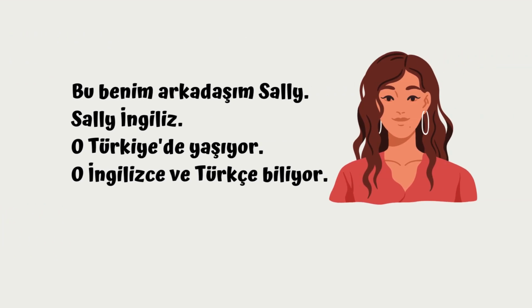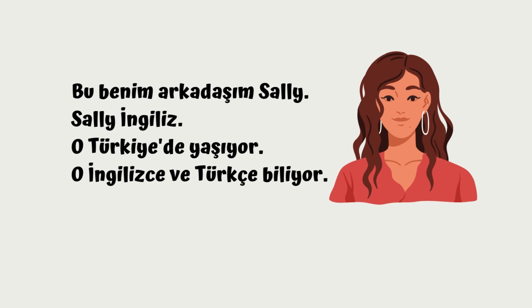Okay, I have a short text here about Sally. So I'm going to read it first and then we're gonna analyze the sentences together. Bu benim arkadaşım Sally. Sally İngiliz. O Türkiye'de yaşıyor. O İngilizce ve Türkçe biliyor. Okay, let's focus on the first two sentences. Bu benim arkadaşım Sally.